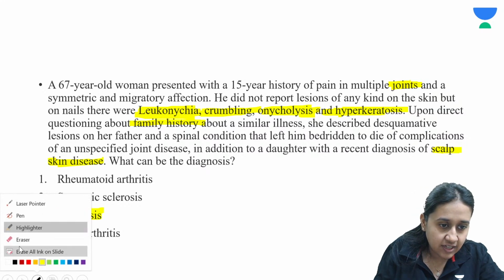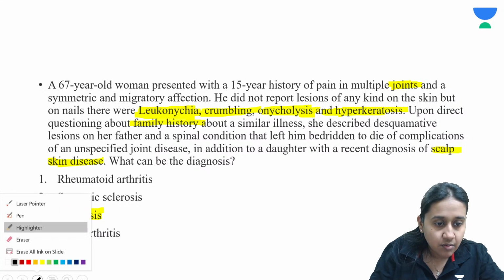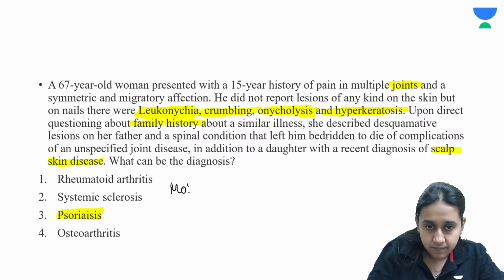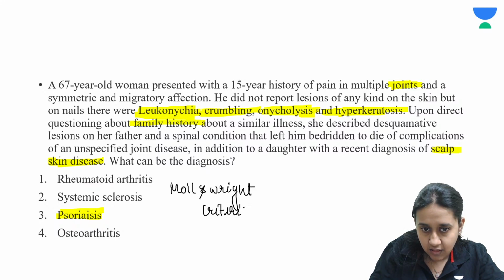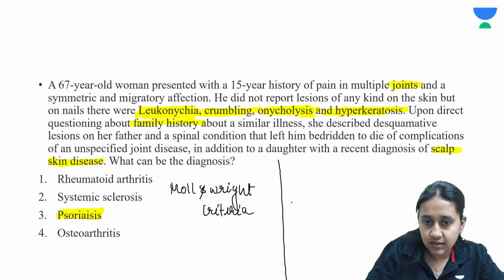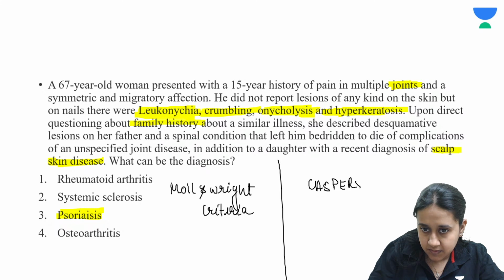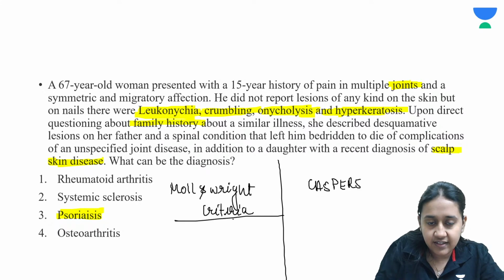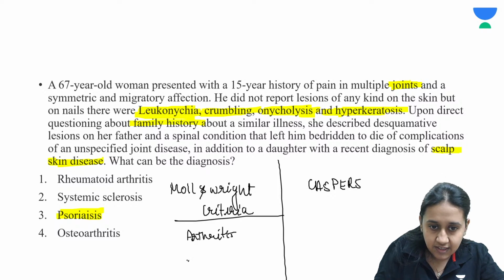There are two criteria to diagnose the patient of psoriatic arthritis. One is Moll and Wright criteria. Second is CASPAR. Moll and Wright criteria says that there should be presence of arthritis. There can be skin lesions and seronegativity.